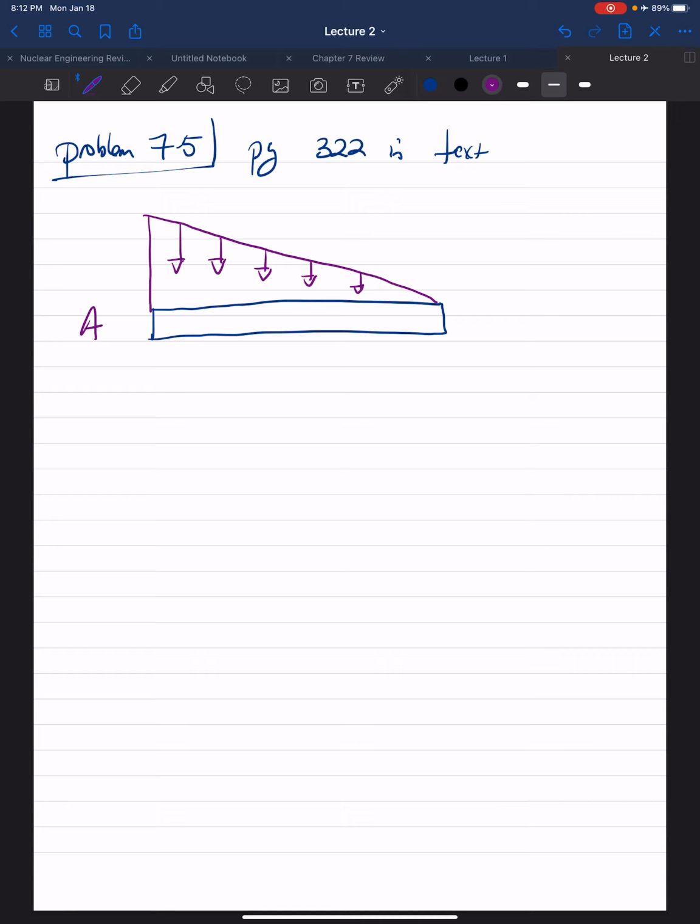This is A, C, and point B is somewhere here. This distance here is 12 feet. This distance here is 3 feet. The problem wants us to determine the internal loadings acting at point B.